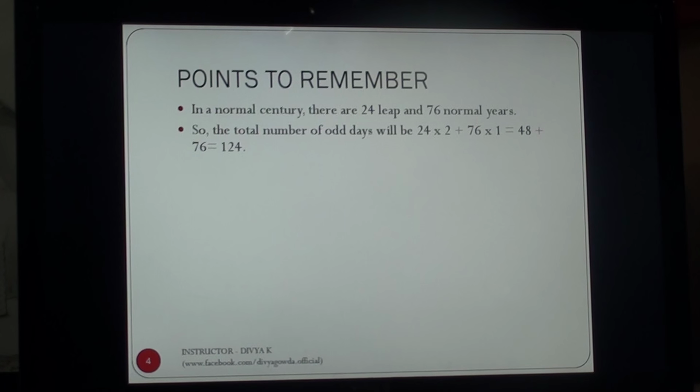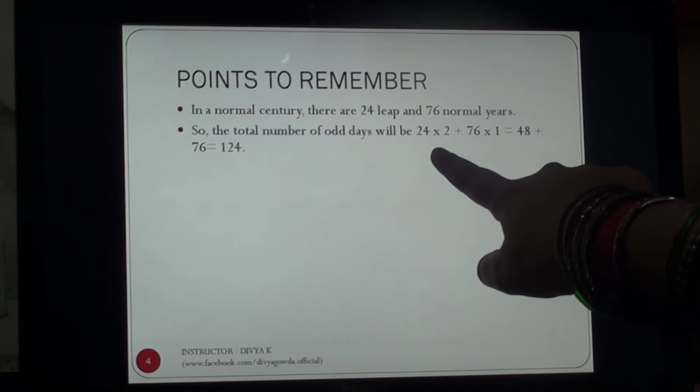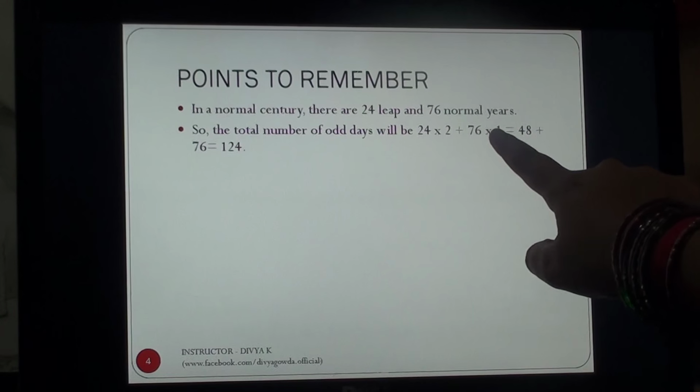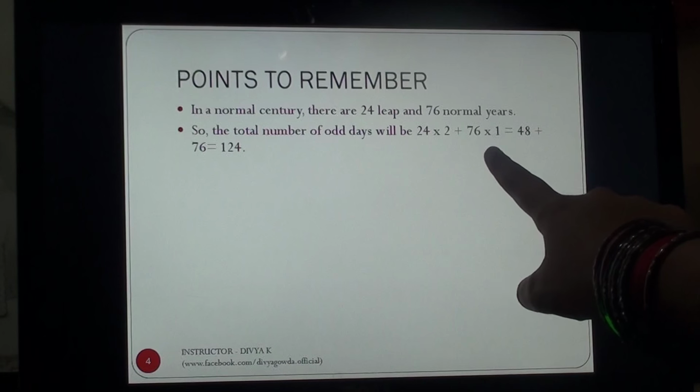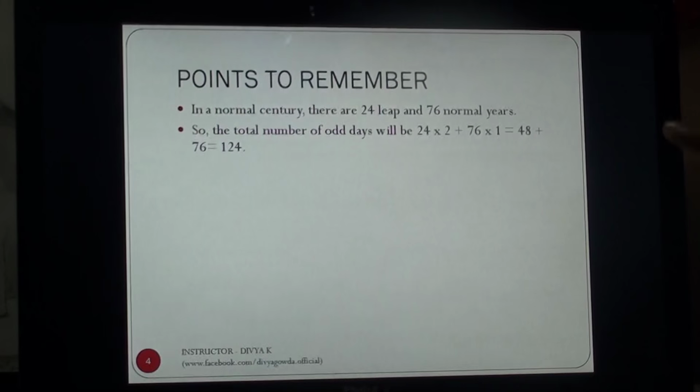I've already told that every leap year will have 2 odd days and every normal year will have 1 odd day. So 24 leap years into 2 and 76 normal years into 1. So 24 twos is 48 and 76 ones is 76, which adds up to 124.